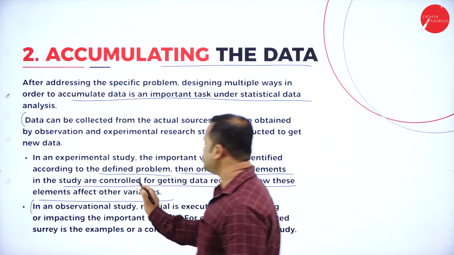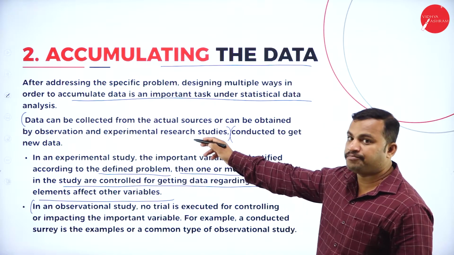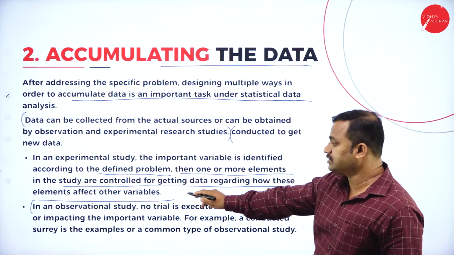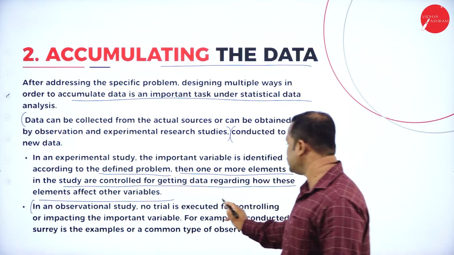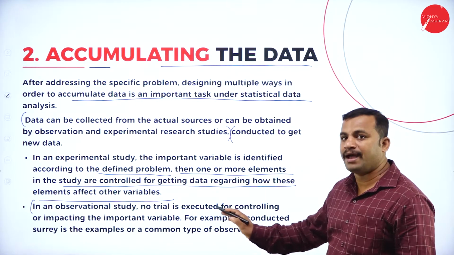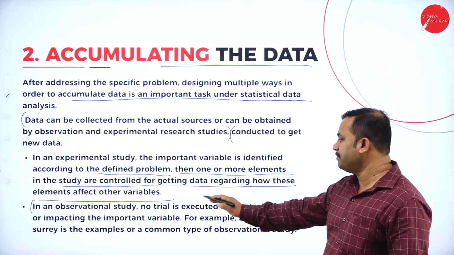In an observational study, that is in the case of a practical study, this is in the case of a theoretical study. In an observational study, no trial is executed for controlling or impacting the important variable.